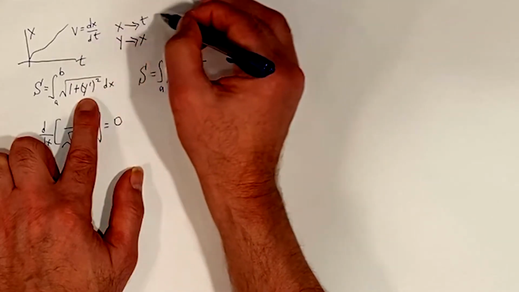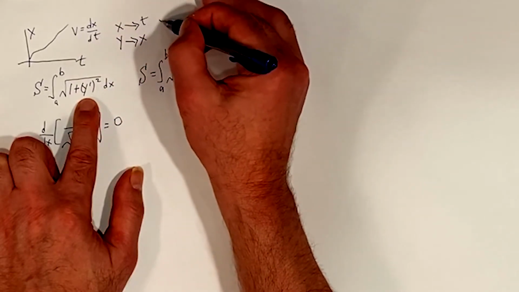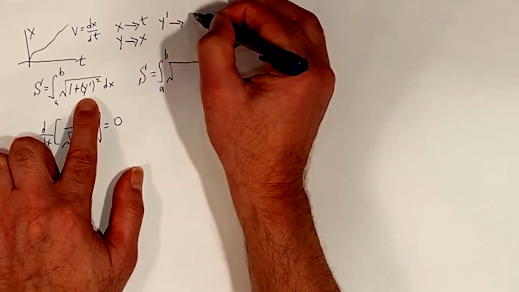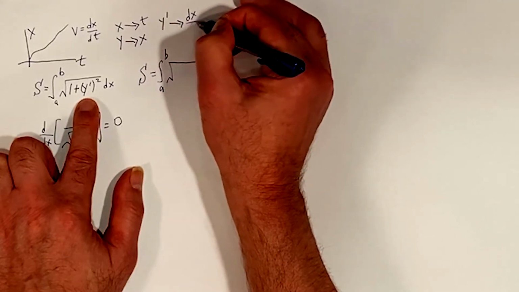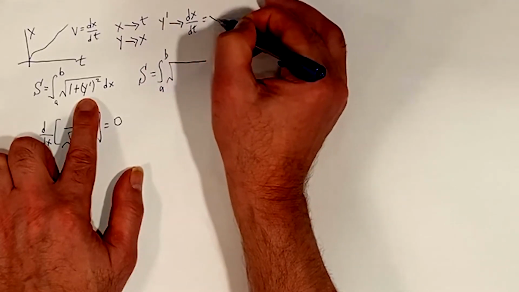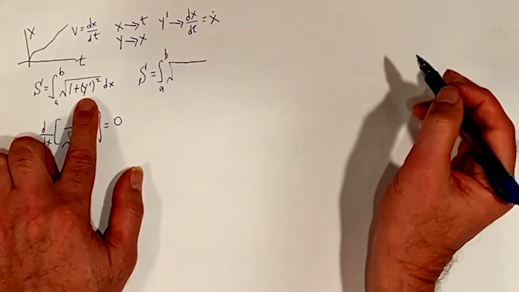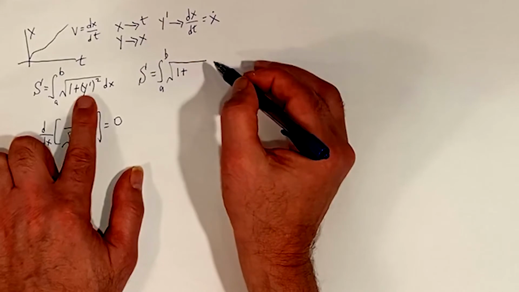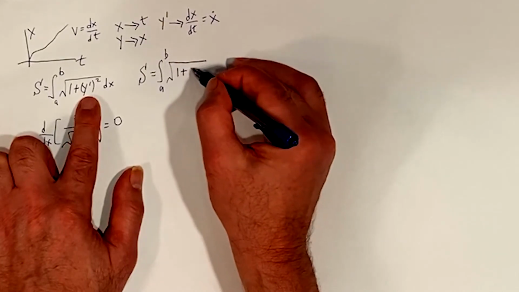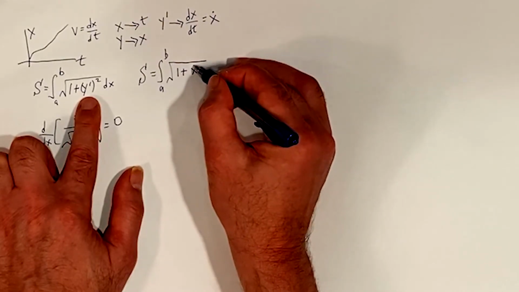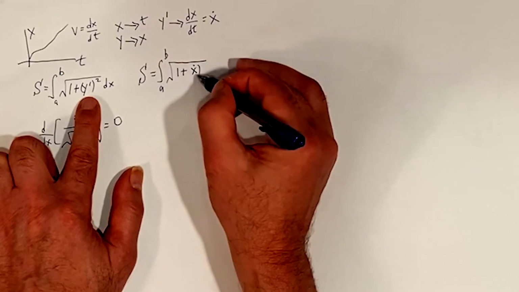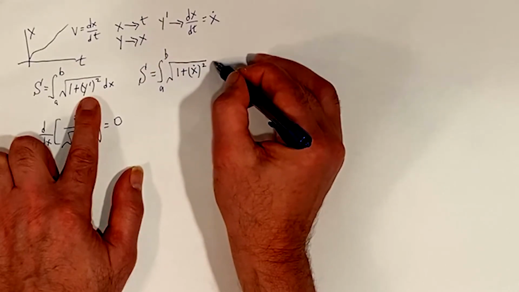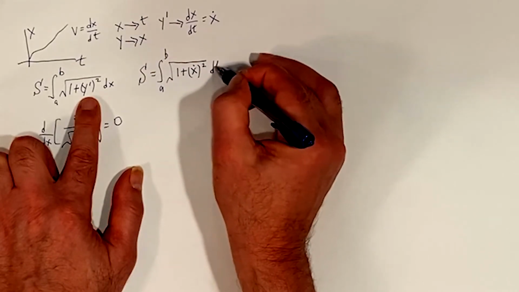And the old y prime is going to be the derivative of x with respect to time, which we'll call x dot. So then this is a 1 plus x dot squared, and you have then dt.